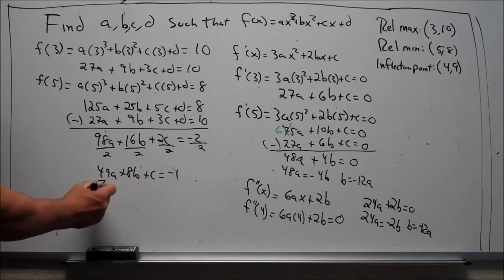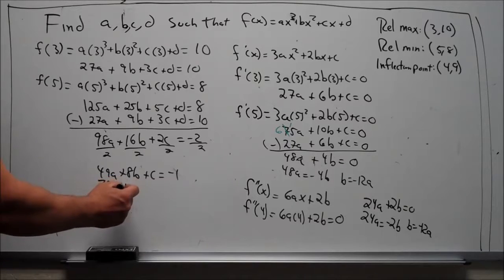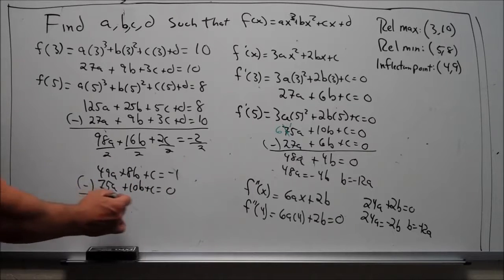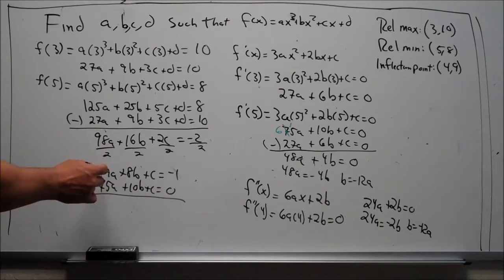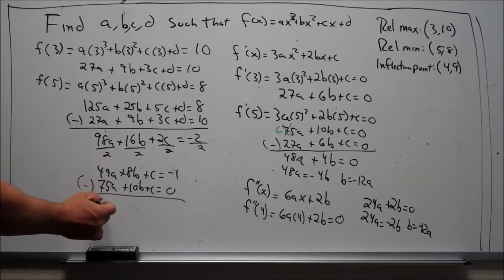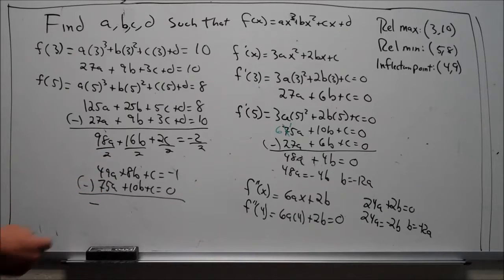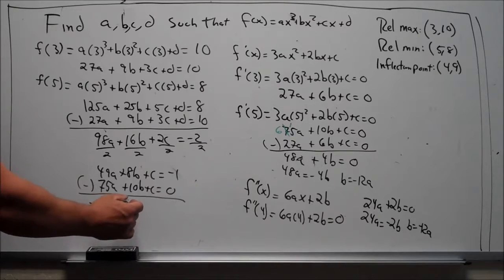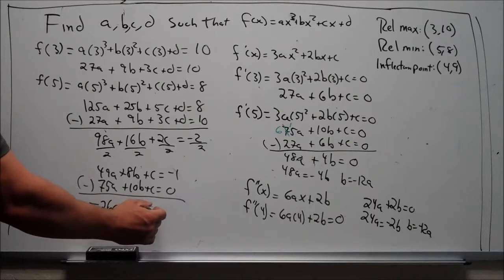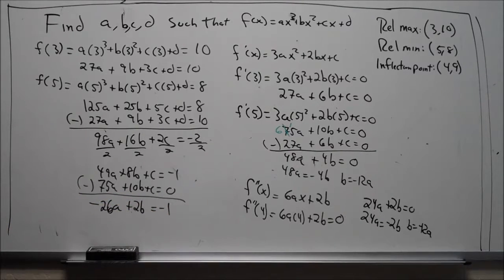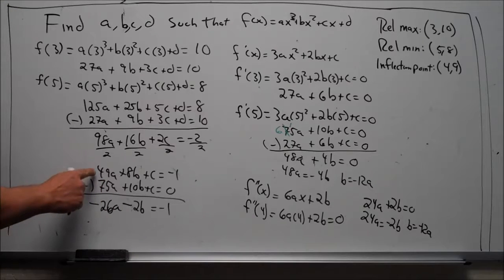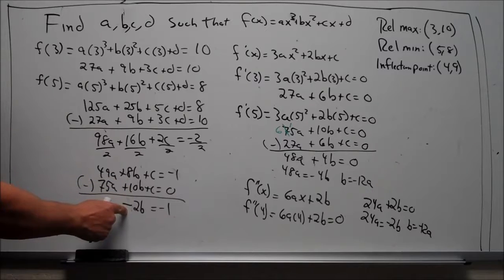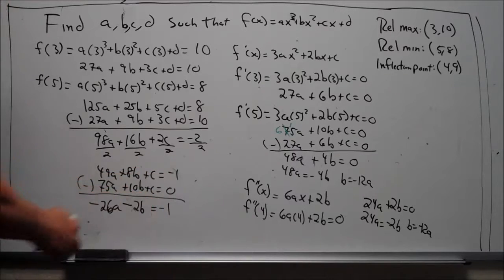Let's try that. 75a plus 10b plus c equals 0. Subtracting there, it's going to be negative now. I believe it's negative 26a plus 2b equals negative 1. Okay, so it would have been 49a minus 75a is negative 26a, 8b minus 10b is negative 2b, and then you get the c gone and you get the 1.